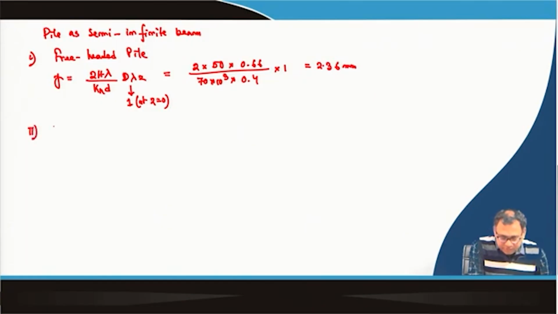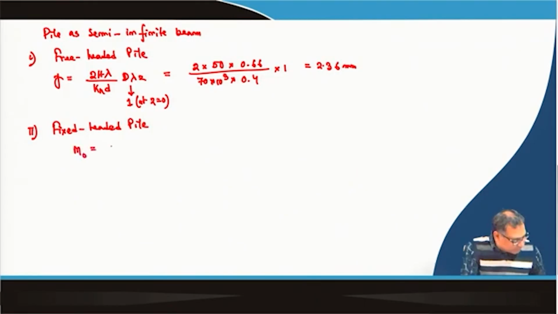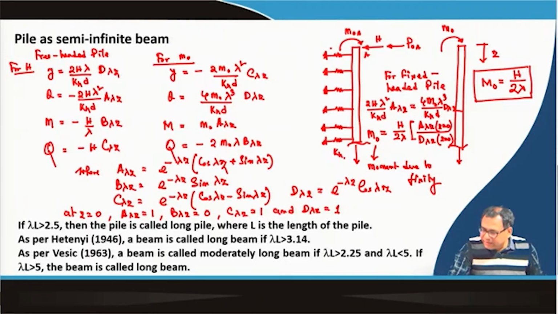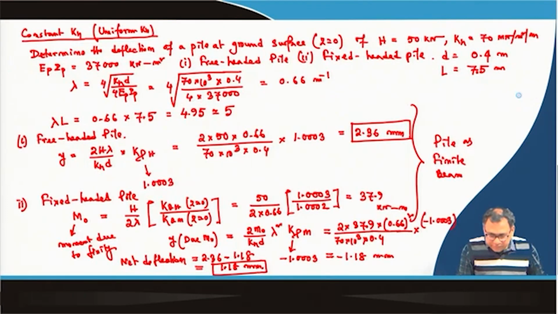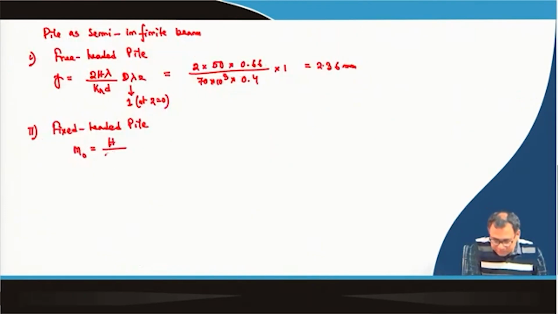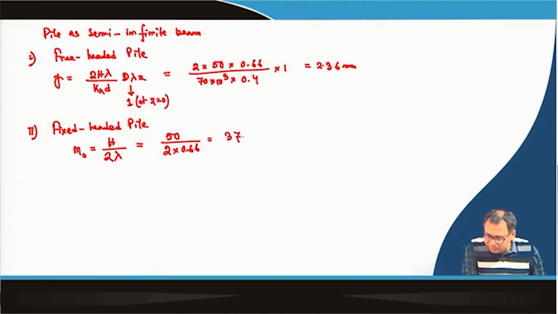Now, if it is fixed pile, then the moment due to the fixity m0 is already developed, that is h by 2 lambda. So, this is h divided by 2 lambda. So, h is 50, 2 lambda is 0.66. So, this is 37.9 kilonewton meter.